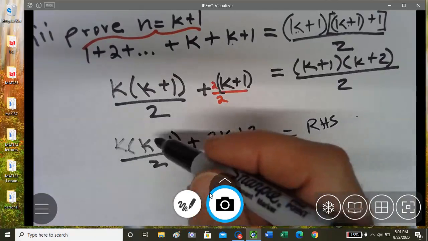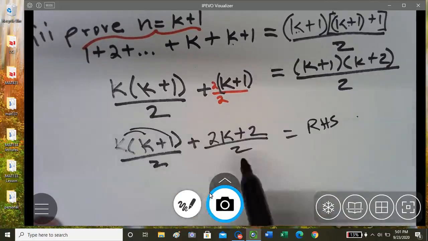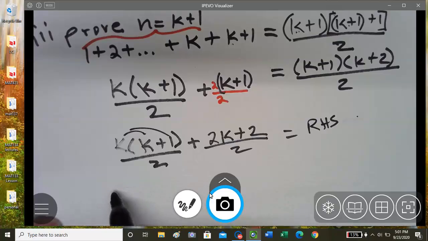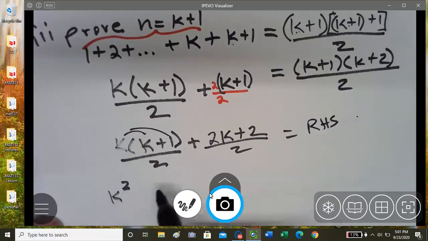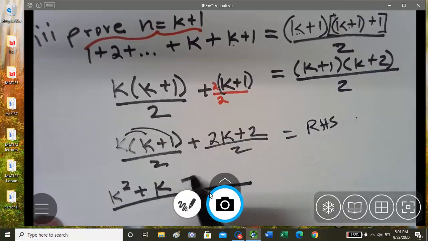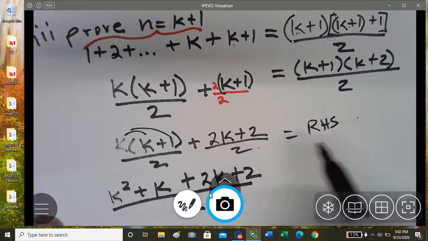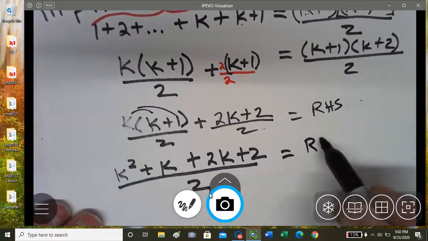So we go ahead and distribute this k here and simplify and combine them. So k times k is k squared, plus k times 1 is k. And now we're going to put all this under 2. So plus 2k plus 2, since there's a common denominator, we can combine them. Equals our right hand side.